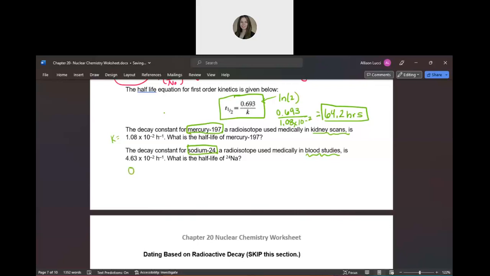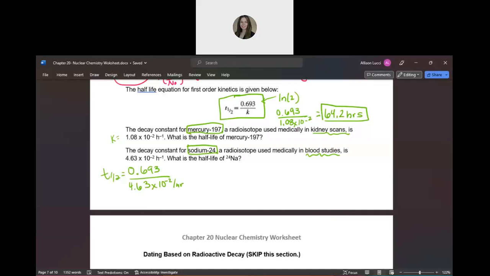So we would then do this: t to the 1/2 equals 0.693, or natural log of 2, and then we divide by k, our 4.63 times 10 to the negative 2 per hour. So now our value is going to be in hours. Again, we have 0.693 divided by 4.63 times 10 to the negative 2.